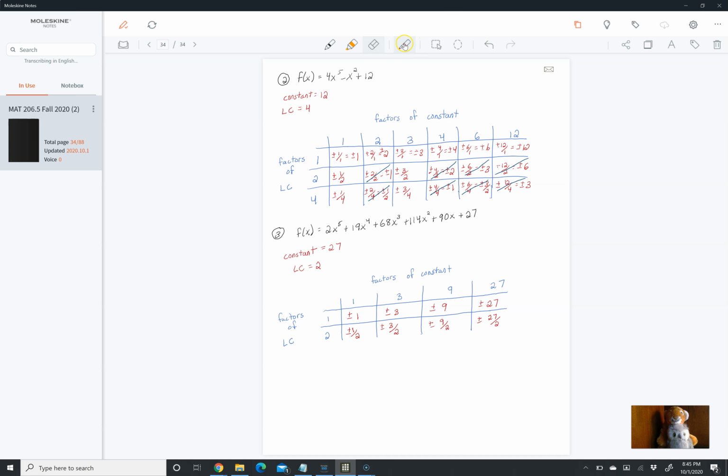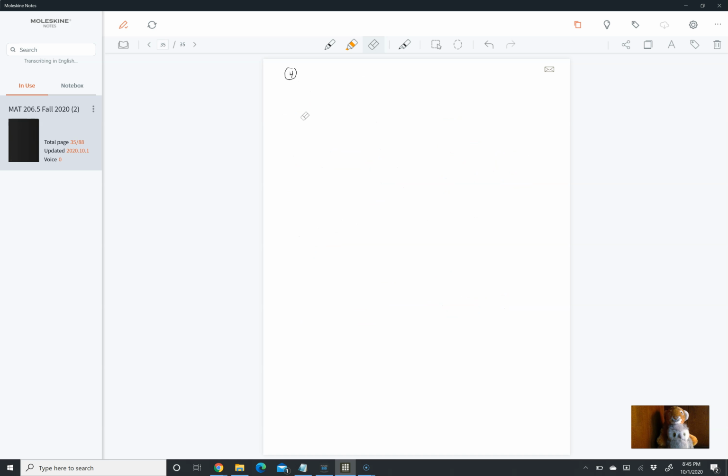Let's do one more, and then we'll talk about how to actually find some roots. So let's say that we have f of x is equal to 16 x to the 8th plus 48 x to the 4th minus 3 x cubed plus 25 x squared plus 9.